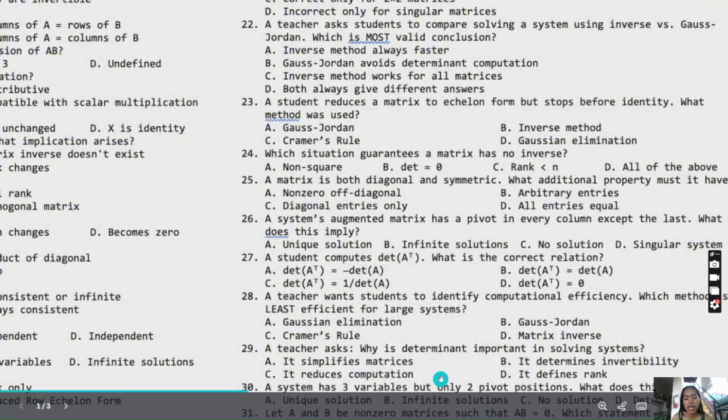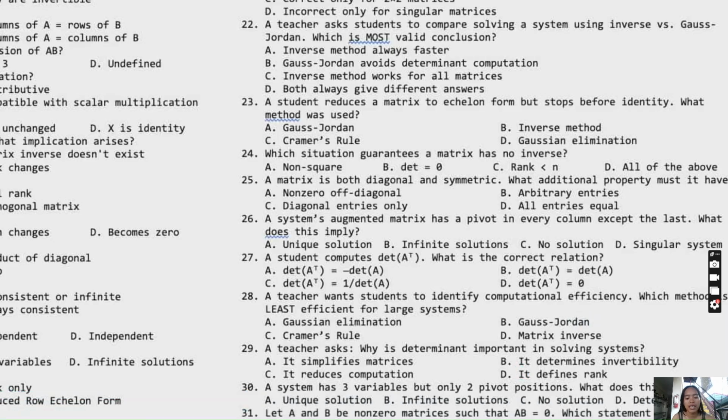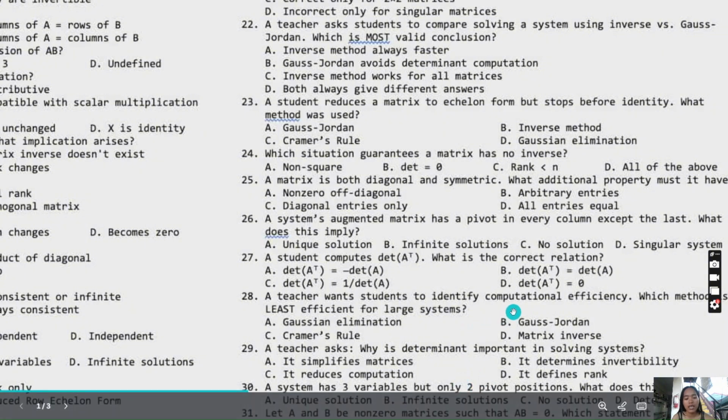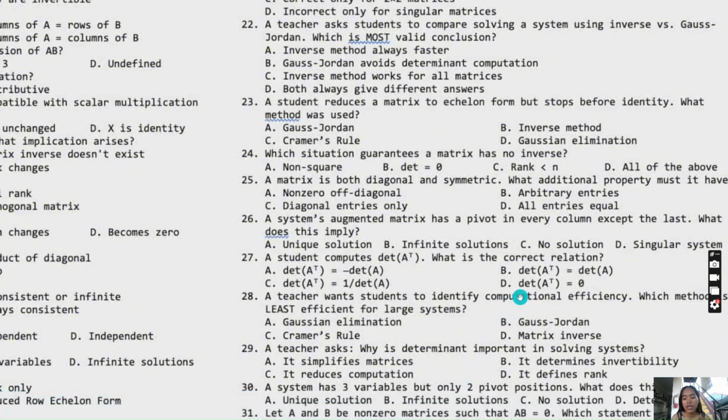The answer is letter B, determinant A transpose is equal to determinant A. One of the important properties of determinants is that the determinant of a matrix and the determinant of its transpose are always equal. So our answer is letter B, because it does not change.